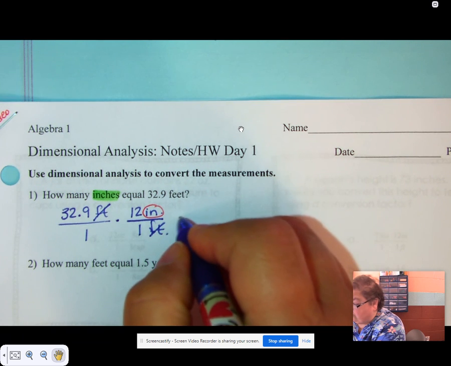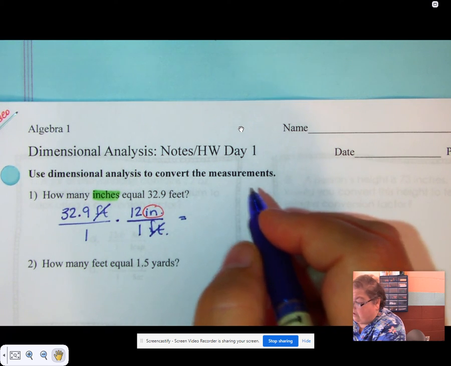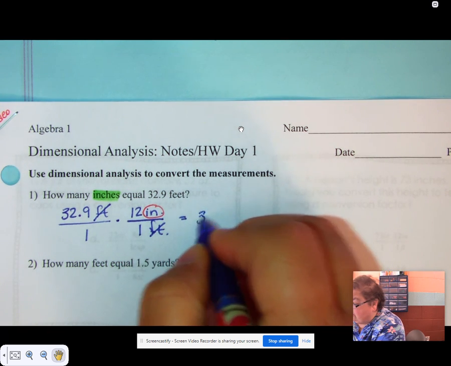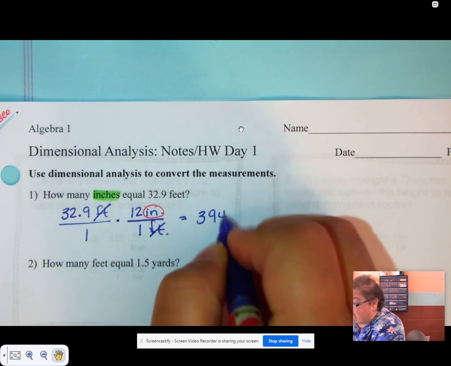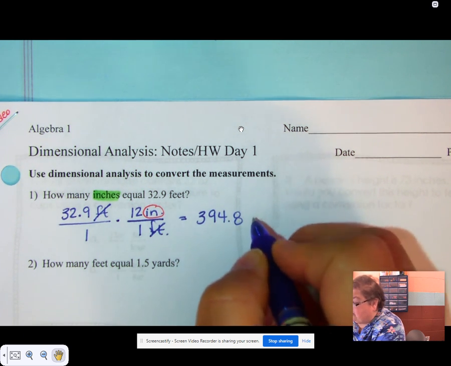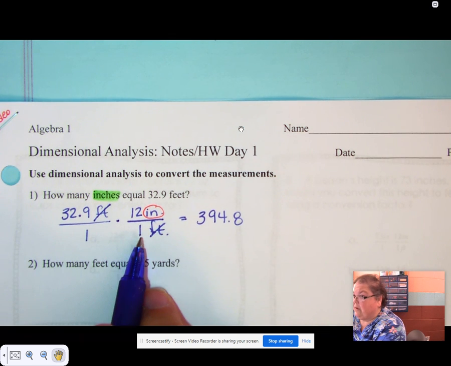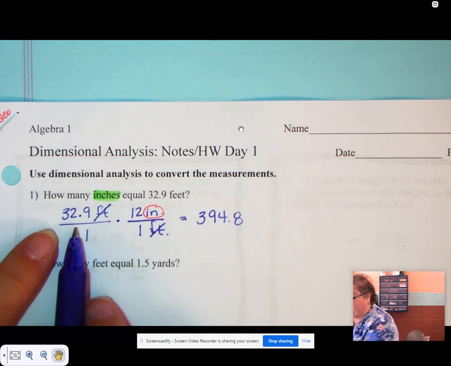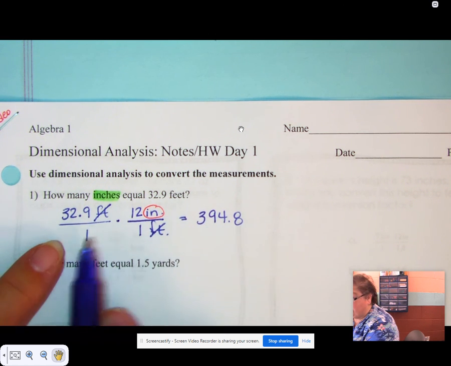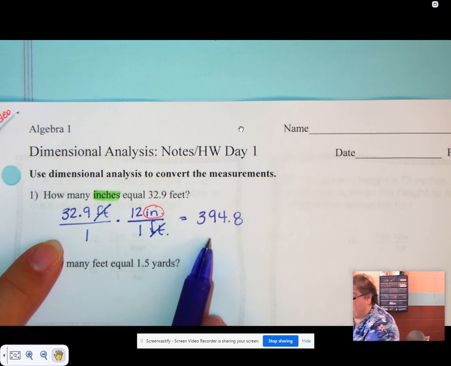We multiply across, and we're going to get 394.8. Now, I also multiply across the denominators, because when I multiply with fractions, you multiply the numerators, get an answer, multiply the denominators, get an answer, and then divide.